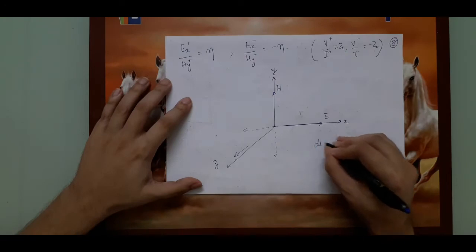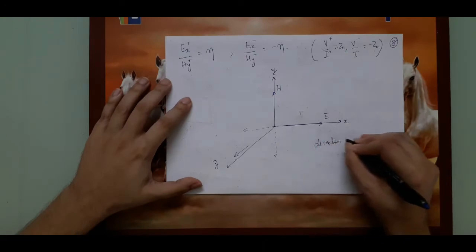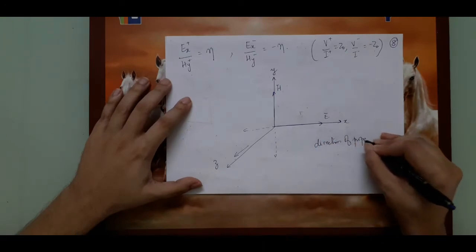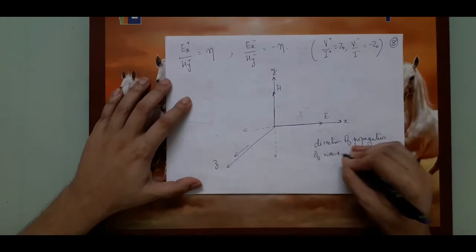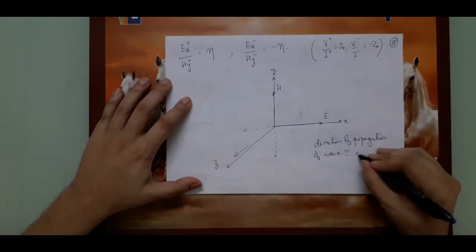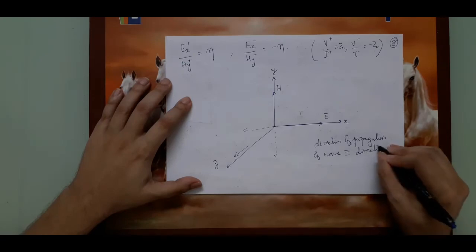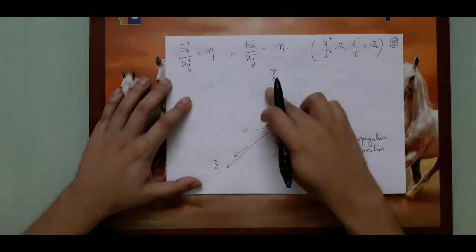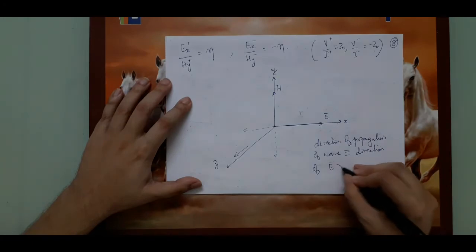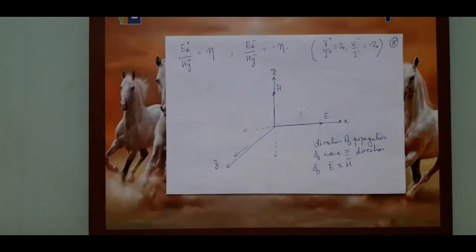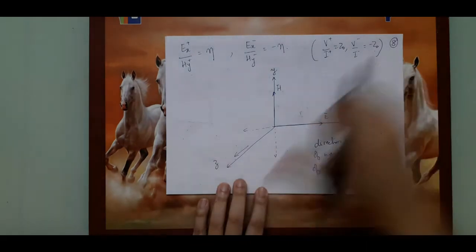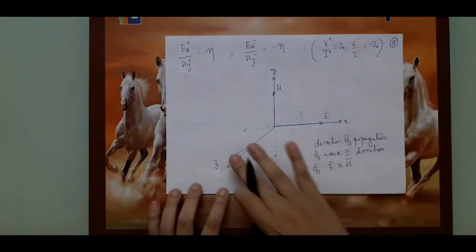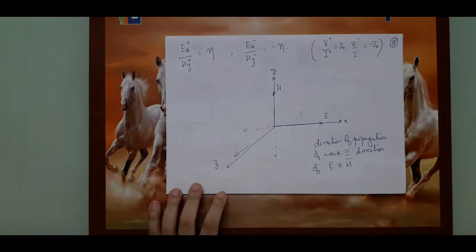So direction of propagation of wave is nothing but the direction of the vector product of E and H. So if I were to take the vector product of E and H, I would get whatever be the magnitude, but the direction would be the same as the wave propagation.